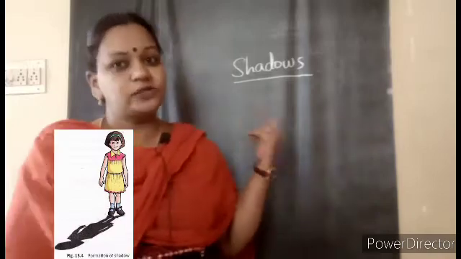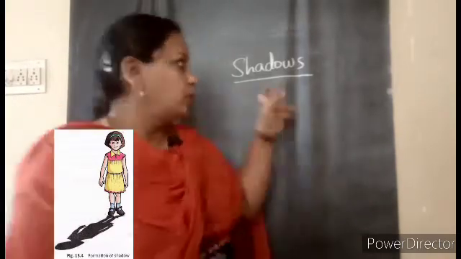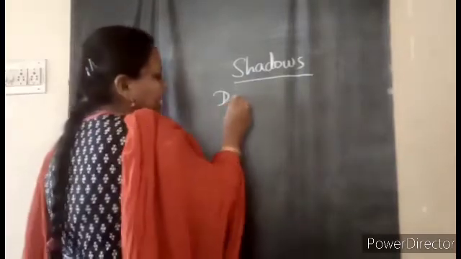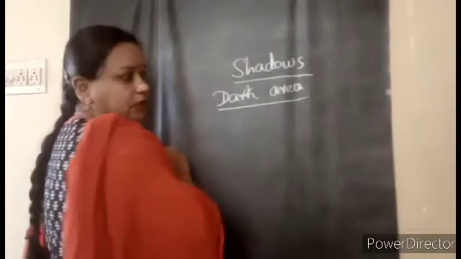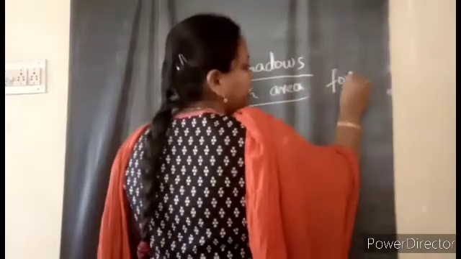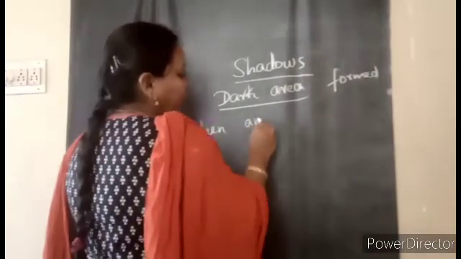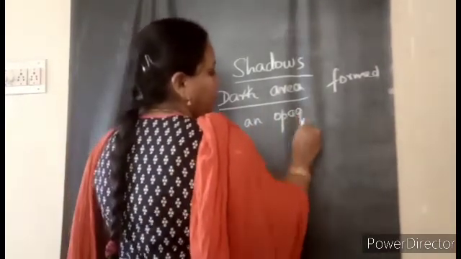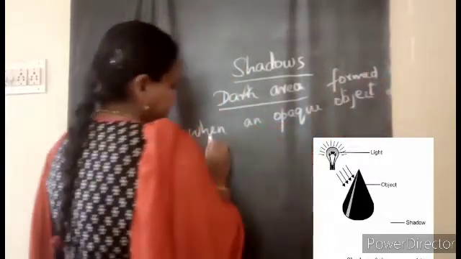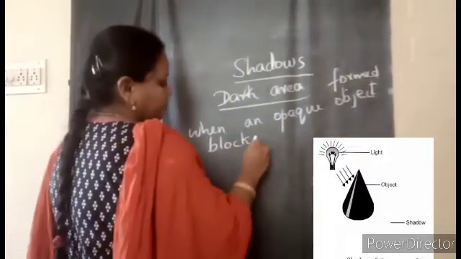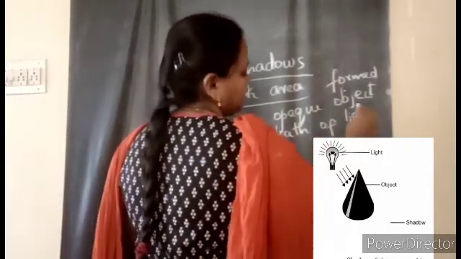Already you know that shadows are black in color, and also now you know when they are formed. So what are shadows? Shadows are a dark patch or dark area formed when an opaque object blocks the path of light rays.